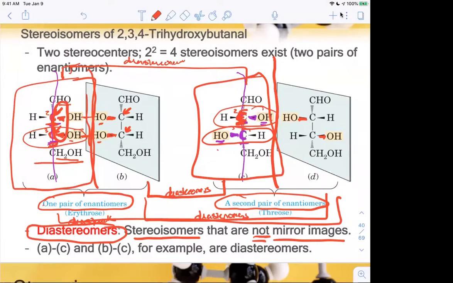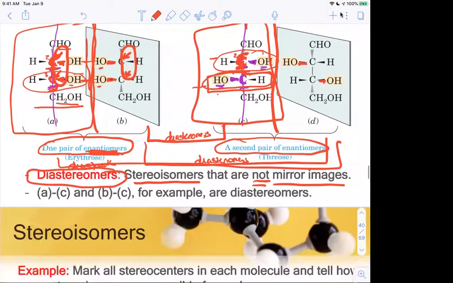The two together having opposite configurations make them enantiomers. This configuration is the same as this one, but this is not. So when one is the same and one is different, that is where I'm going to have diastereomers.